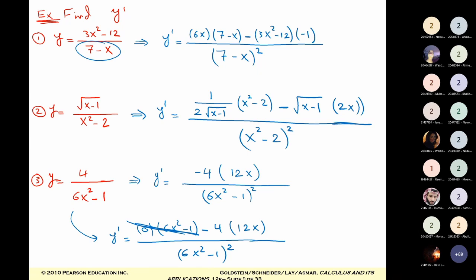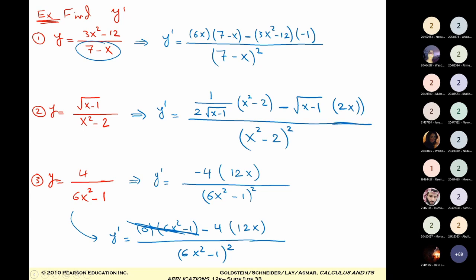Okay, any question? Can you repeat the last one? This is 0. The derivative of 4 is 0. Okay.